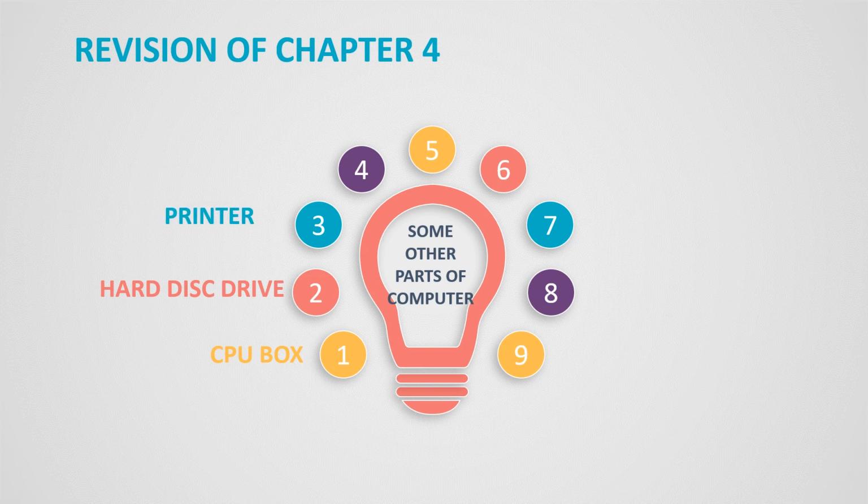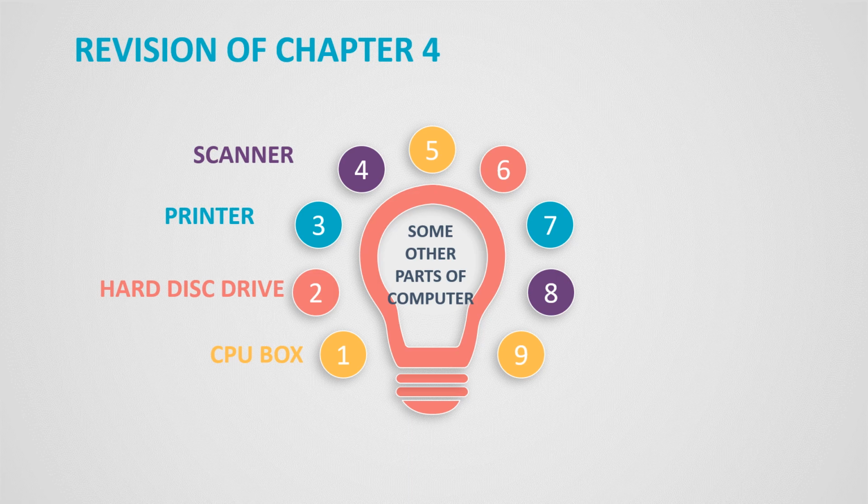Number 3 is printer. Printer prints the work shown on the computer screen onto a piece of paper. With the help of a printer, different pictures and the text displayed on a computer screen can be printed on a paper. Number 4 is scanner. Scanner scans the pictures and the text and stores them inside a computer.